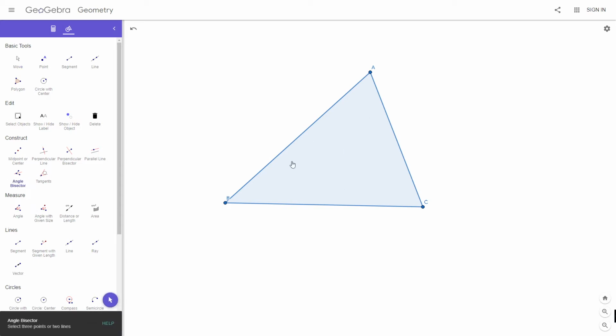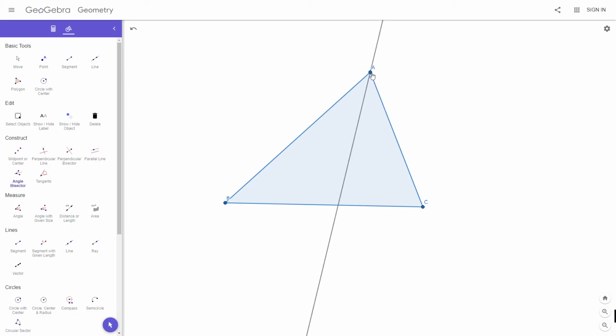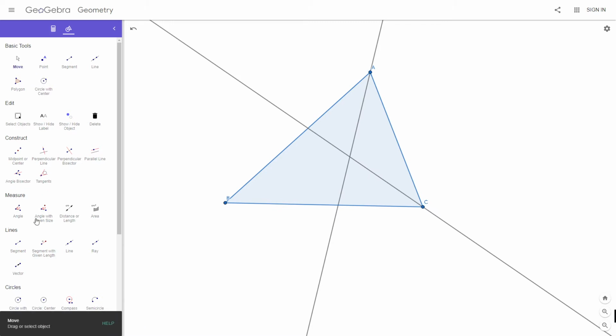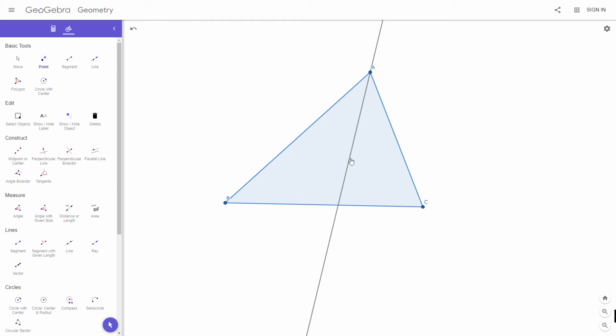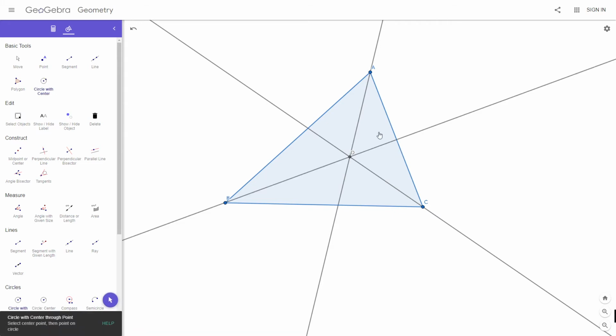We construct the incircle by first doing angle bisectors. And we're going to need a point first, and a perpendicular line to C, and then we construct the circle.